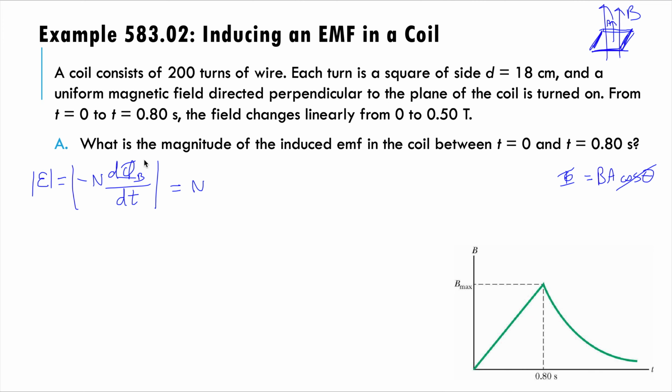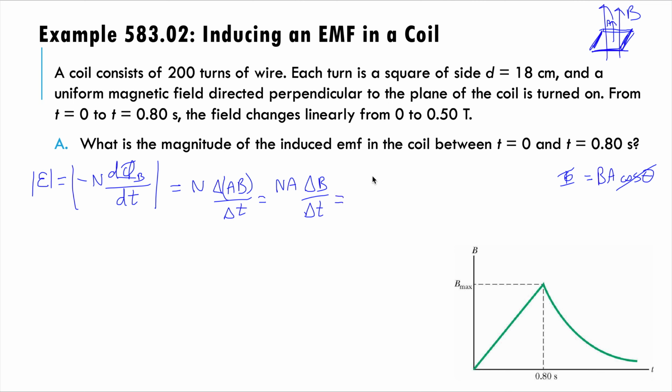So we can write this as the change in AB over time, and the area is not changing, so we can take the area out. So we can write it as NA change in B over change in time.